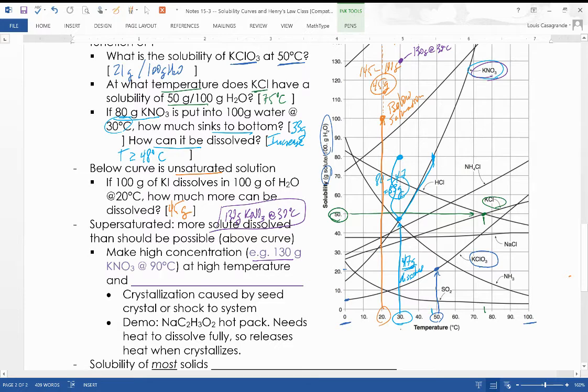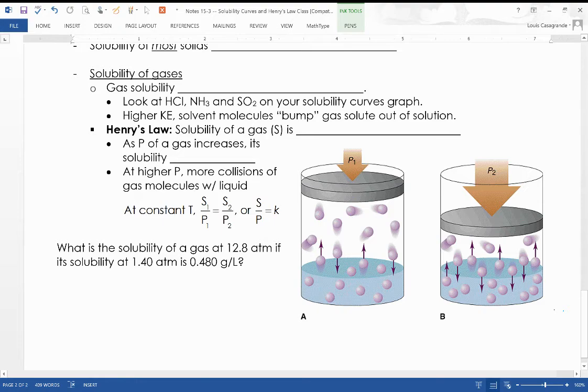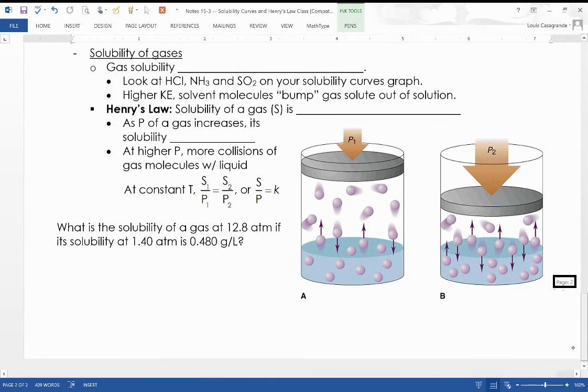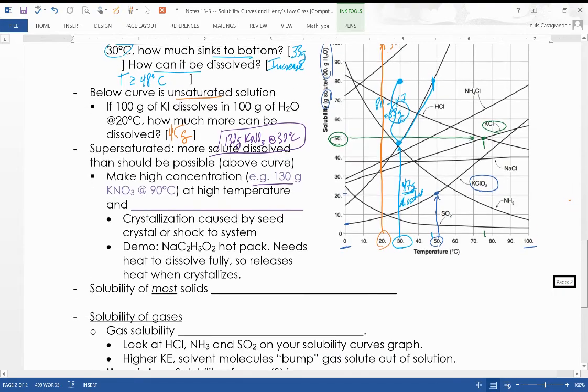Now, if I just try to put 130 grams at 30 degrees C, I'm going to get stuck at the saturation limit for the KNO3. Oh, where did my point go? Oh, it didn't like that. Let's try that again.